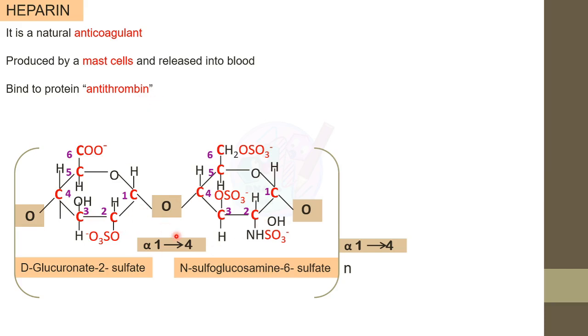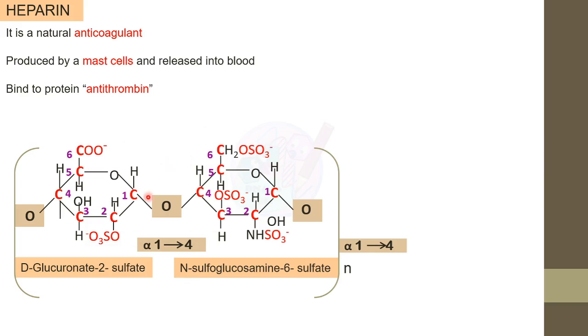Heparin is made up of, first, the uronic acid, D-glucuronate 2 sulfate, because at the second position a sulfate is present, and here it is up from the plane, so this is D-glucuronate. It forms a bond with N-sulfoglucosamine 6 sulfate. N-sulfo means the amine is attached to a sulfate group, and here at the third position we also have a sulfate group, and at the sixth position as well.